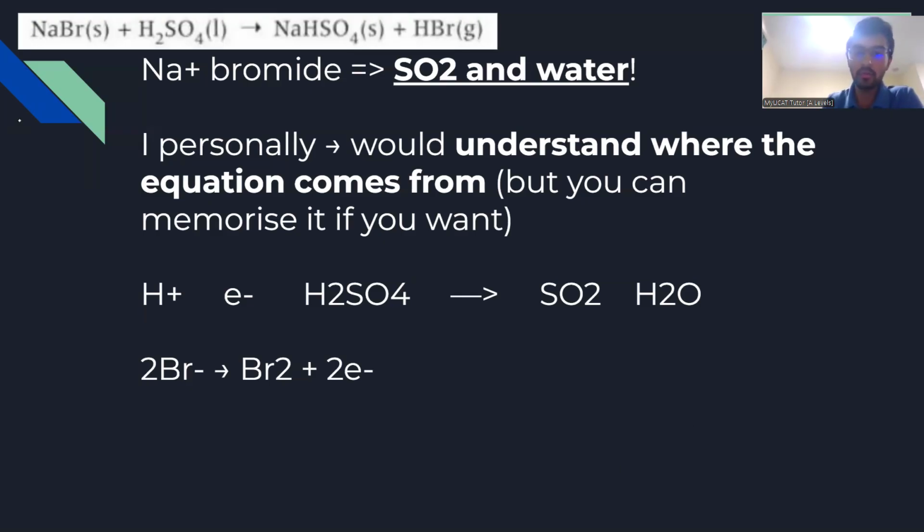Now, how could you prove that we have reduction taking place? How would you prove that? When we're making sulfur dioxide, SO2, how are we going to prove that there's now reduction taking place? What could we say?